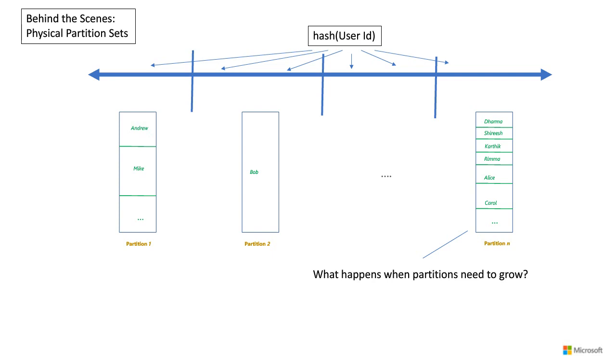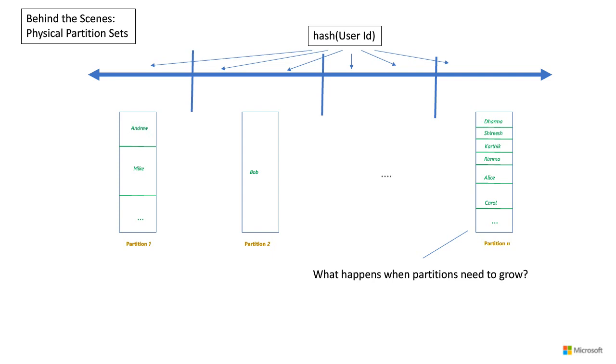So, for example, what happens if this partition needs to grow? Let's say, I'm going to just pull some numbers out of thin air, partition keys 750,000 to 1 million. For that range of partition keys, you're finding we're at 80% of storage utilized. How do we make more storage?